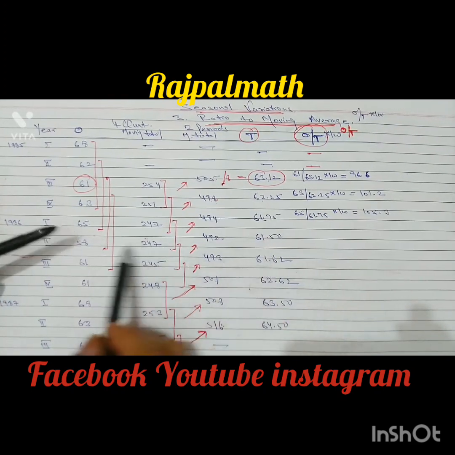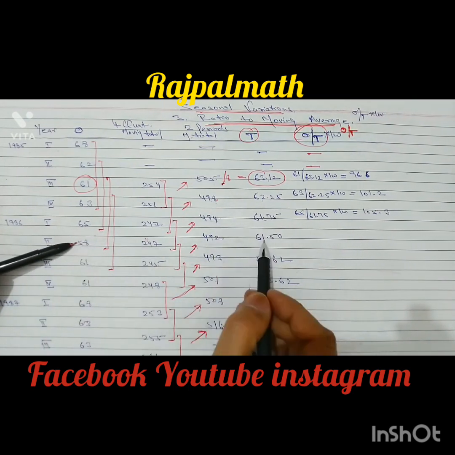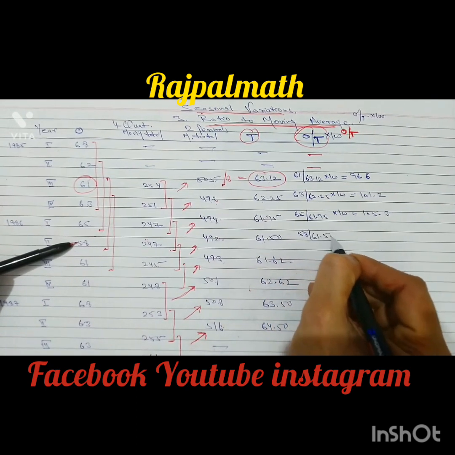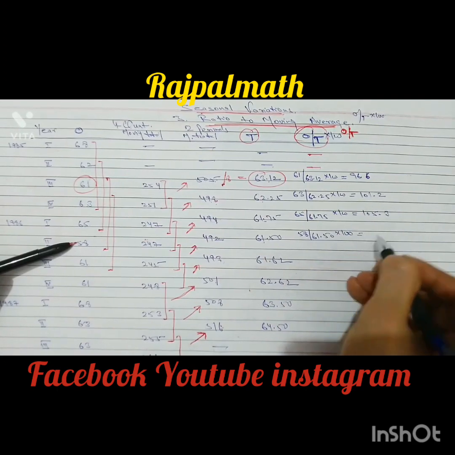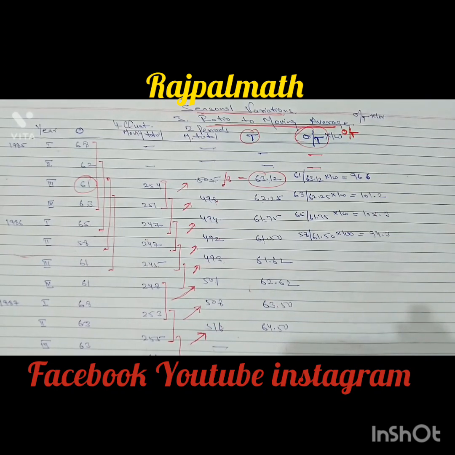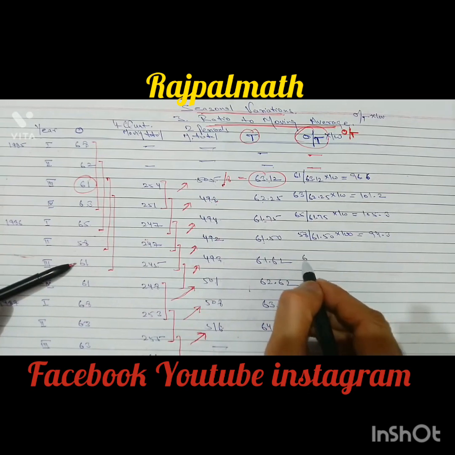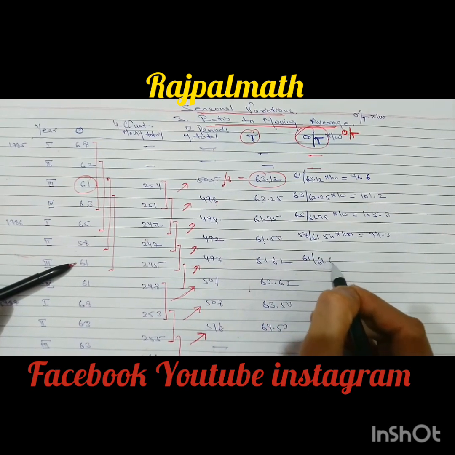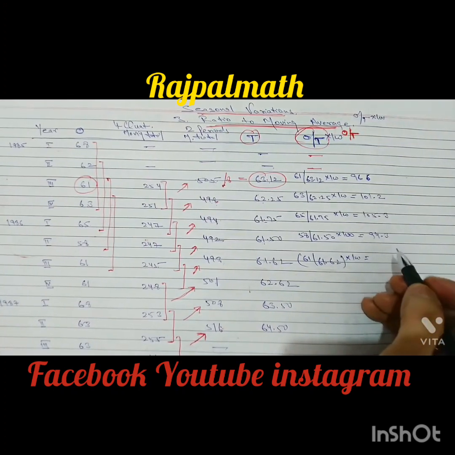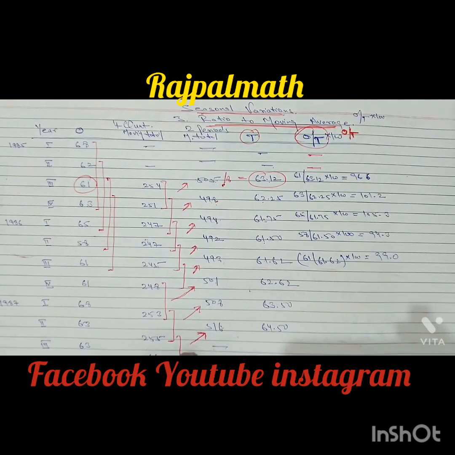Clear? For next step, 58 divided by 61.50 into 100. We get 94.3. For next, 61 divided by 61.62 into 100. We get 99.0, close to 100.